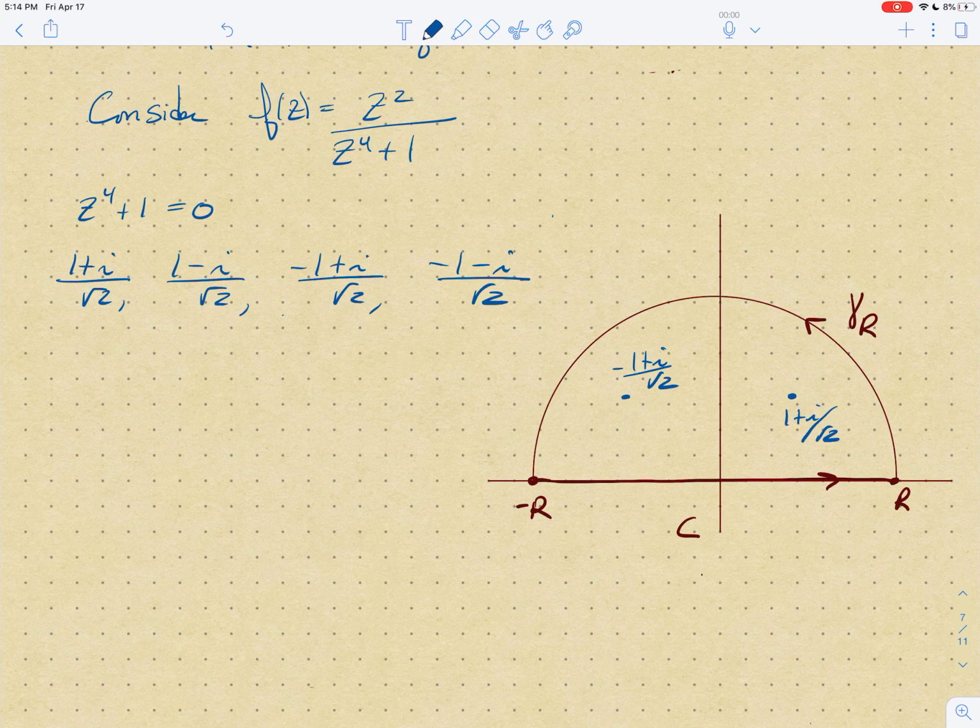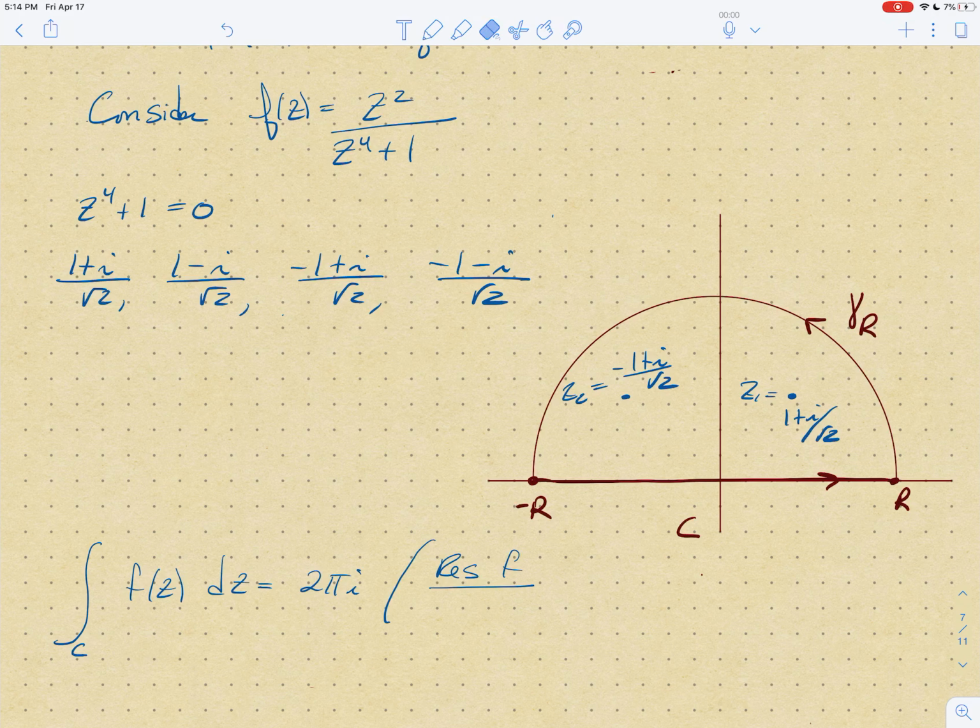So, okay, at this point, I know that the integral over C of my function f of z dz is just 2 pi i times the sum of the residues. So the residue of f at, let's call this guy z1 here, and we'll call this one z2 there.